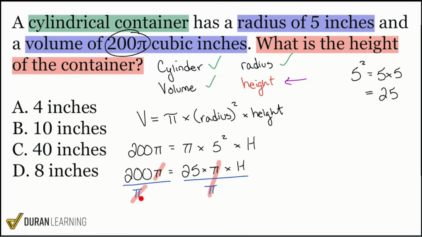Pi divided by pi, that cancels. 57 divided by 57, that cancels. So when we divide the pi from both sides, it cancels out on both sides. Very convenient. One of the conveniences when you use pi instead of the approximation.